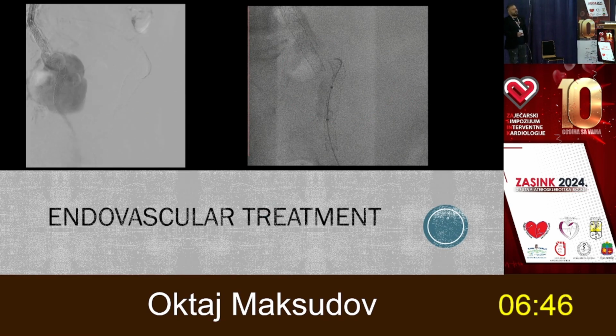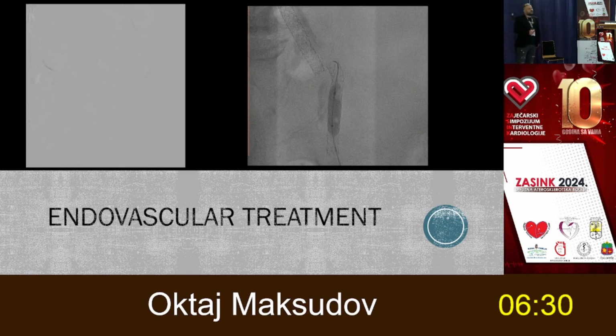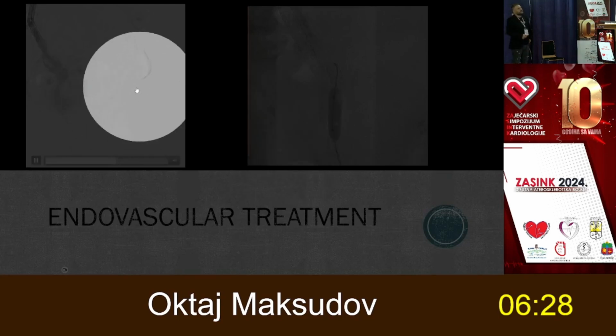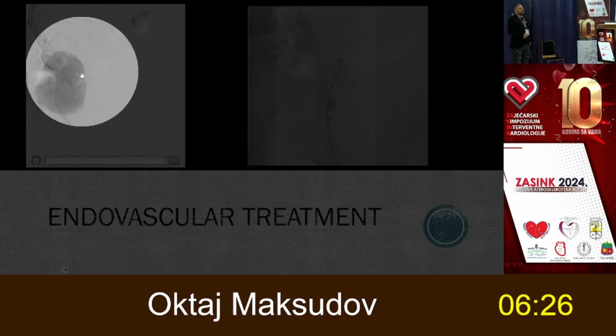But also, when we did the angio, we saw that the stents that we implanted during the CERAB technique were dislodged, and they were in different alignment. You can see the huge pseudoaneurysm back here.